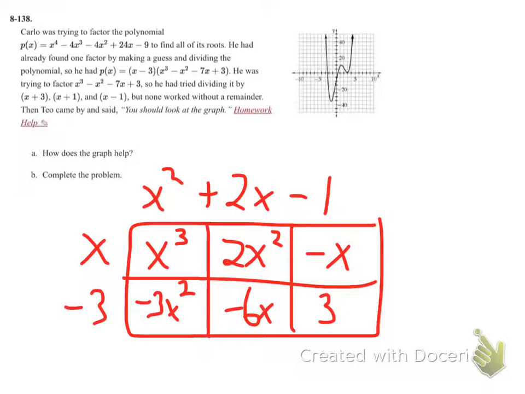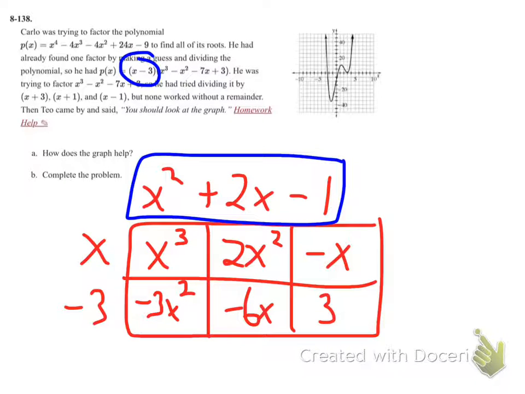So now my resulting factor is this. So he divided by x minus 3 first, then divided by x minus 3 again, and got this now as the other factor. That is now my quadratic factor.